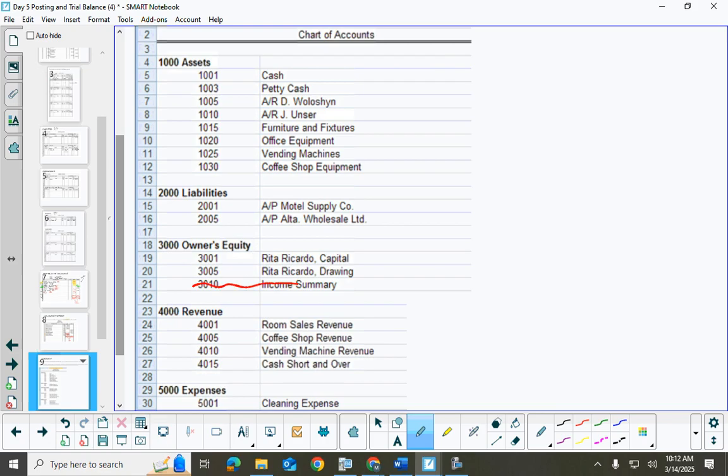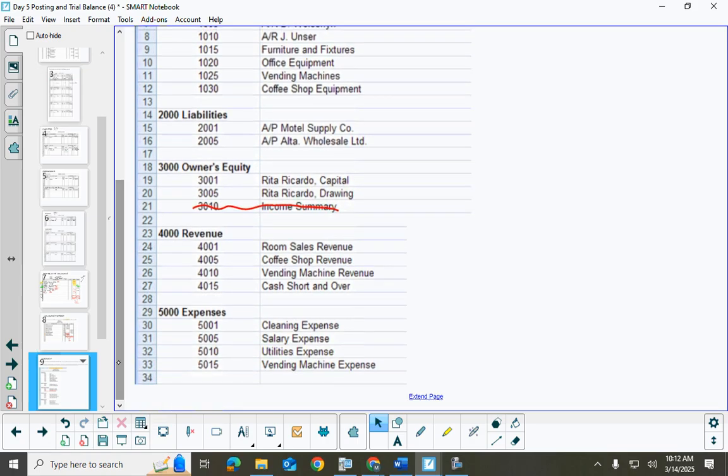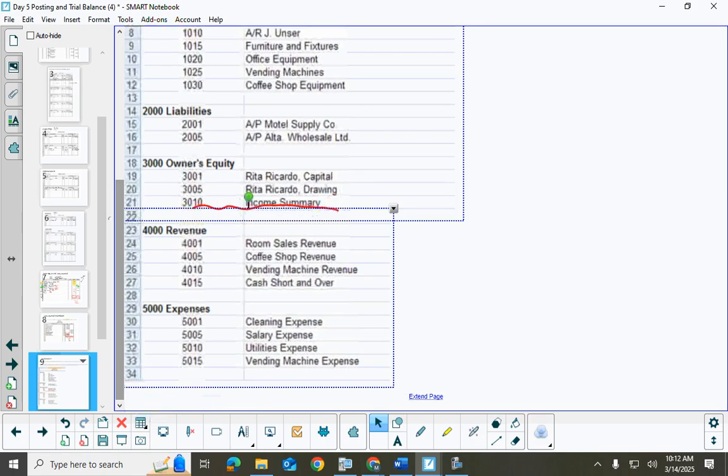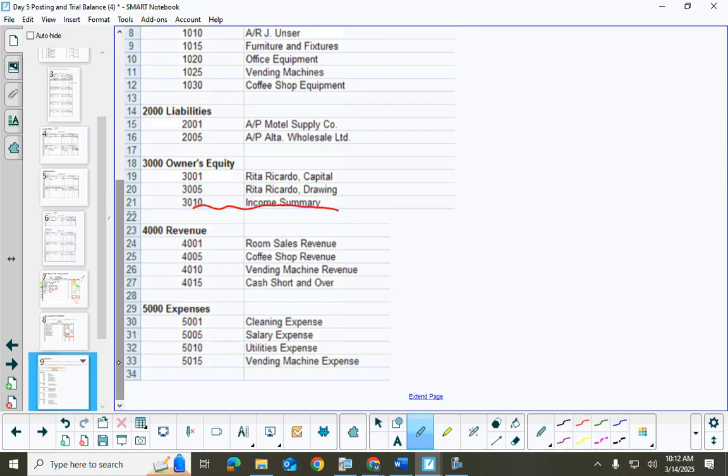Don't worry about income summary. We haven't used that yet. We're going to play with it in our next module. So just ignore it. You've got 3 revenue accounts, so different ways of making money. Then this is that cash short over. You use this, remember, with your petty cash.